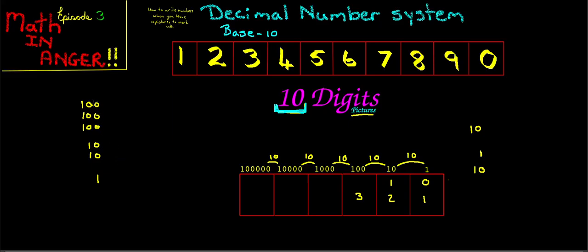But do yourself a favor, count them, add them together. That is 3 hundreds. That is 2 tens. This is 1 one. That is 321.